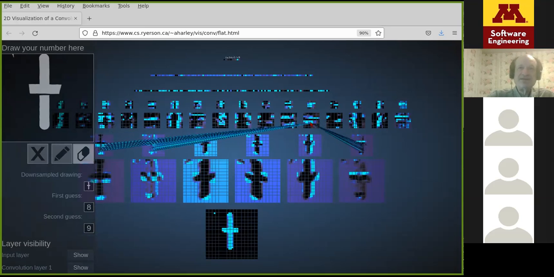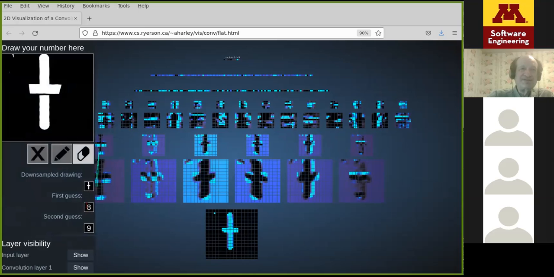It's obviously not looking at the image as a whole, because an 8 has 2 loops, an enclosed space, 2 circles that touch each other, and here there are no circles or enclosed space. So obviously the features it is using to decide that it's an 8 are completely different from what you and I would use.